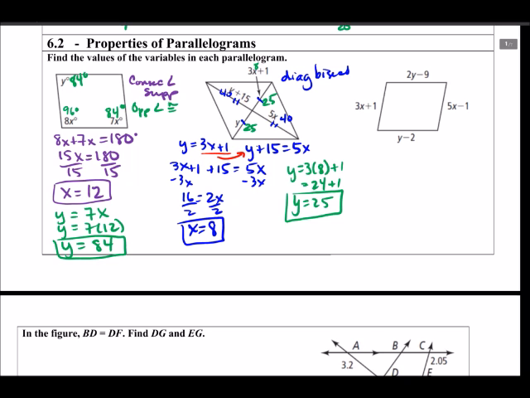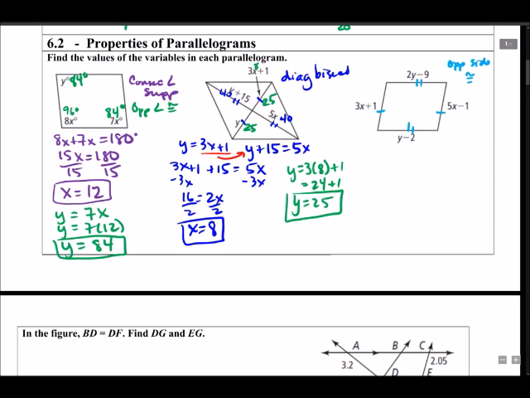All right, last problem here. Parallelogram. What do we know about our parallelogram here? We know that opposite sides are congruent. So I know that this and this are congruent, and this are congruent.